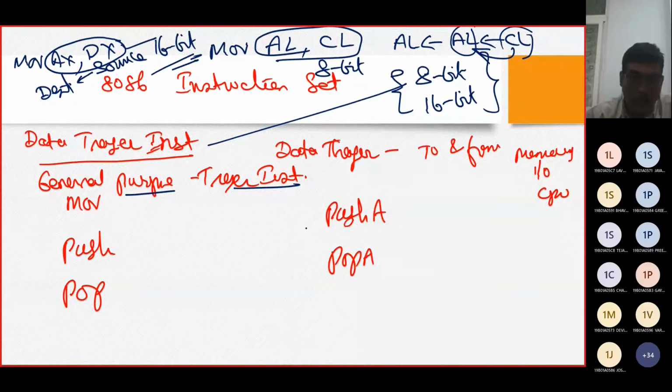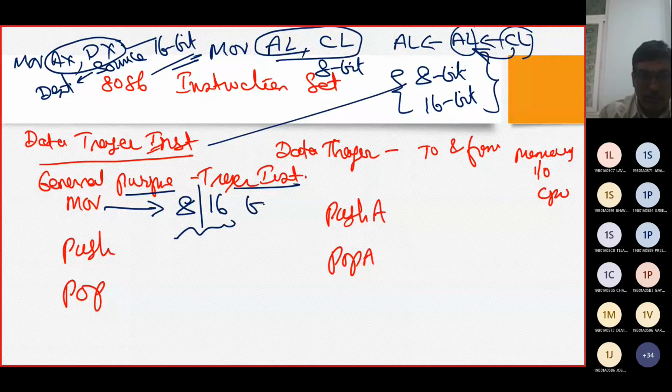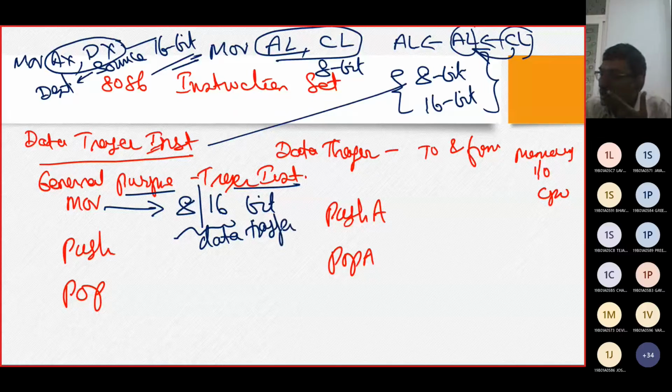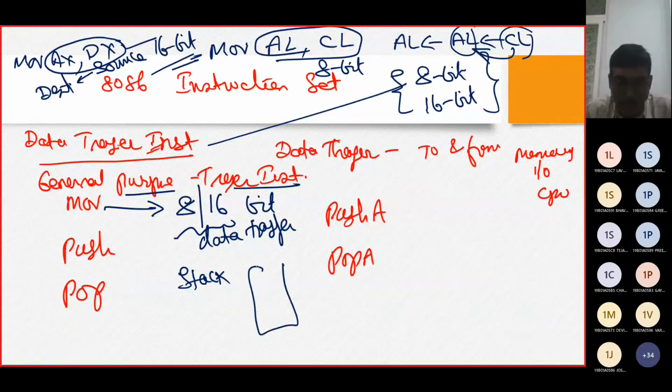Now, move supports 8-bit or 16-bit data transfer. So this was the first key takeaway. Next, I am going to have a stack, and inside the stack I need to push some value.